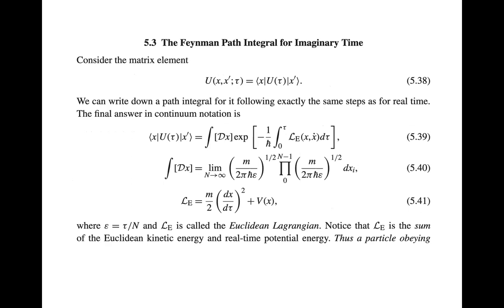We just replace the minus it with the imaginary time tau. So we can write down a path integral for it, following exactly the same steps.